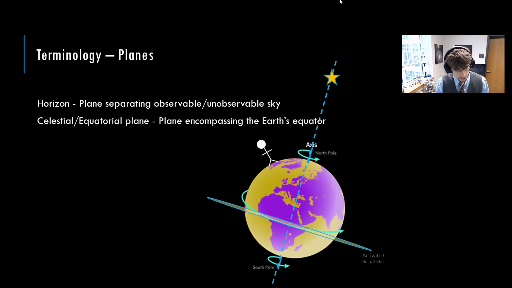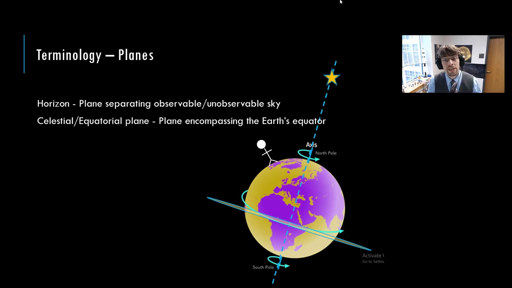A different way to think about it is take the equator of the Earth and project it out onto the celestial sphere. That will be the celestial plane. Oftentimes, instead of seeing it as celestial plane, you will also see it as the equatorial plane. Those 2 terms are used interchangeably.